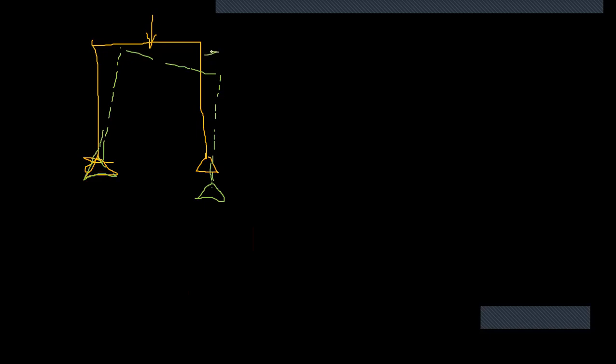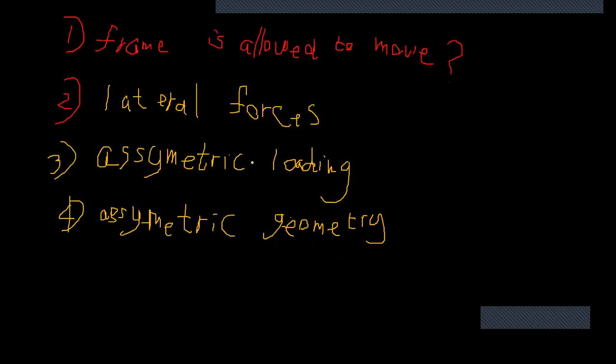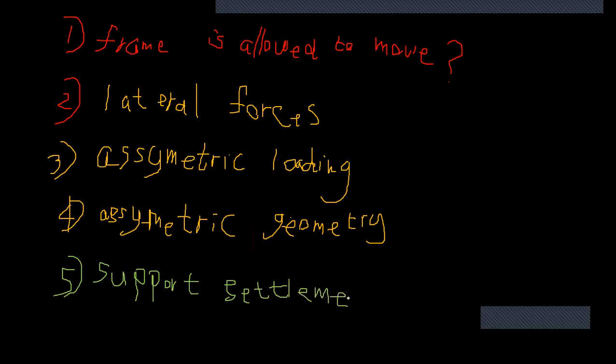So there will be a horizontal delta, right? Horizontal deflection. So even the support settlements, right? So now, okay, right?